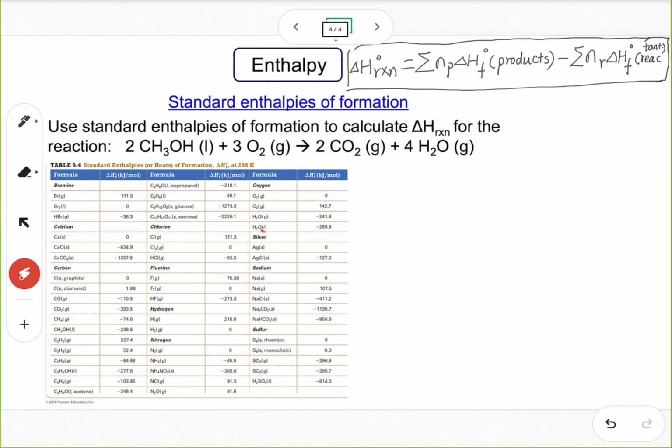So be careful about the states. Of course, those standard enthalpies of formation will be given in your test, so you don't need to memorize them. You just need to know how to use them, okay?